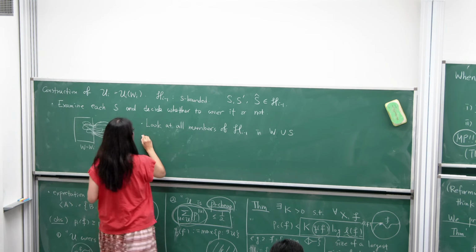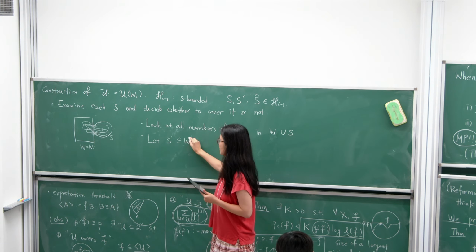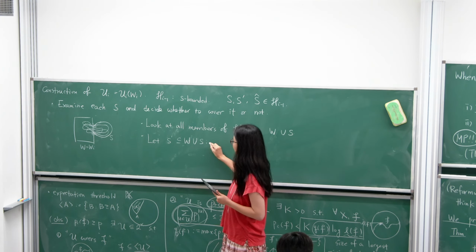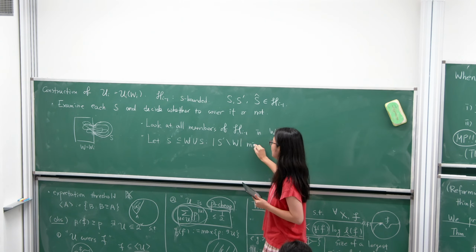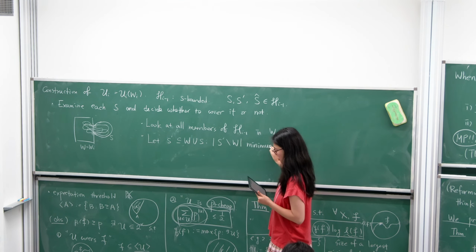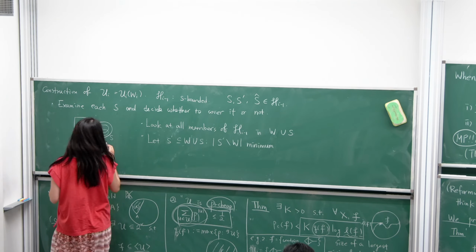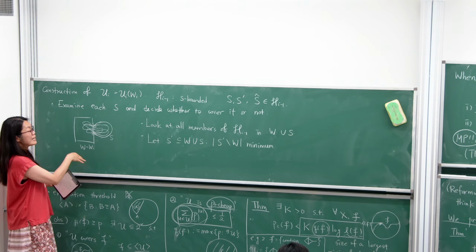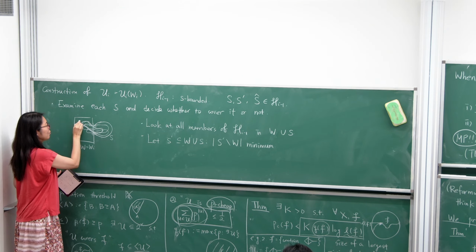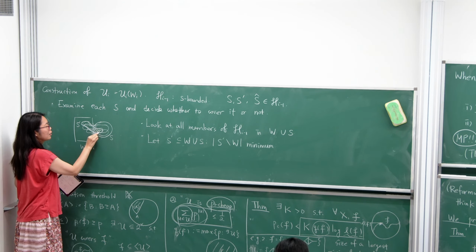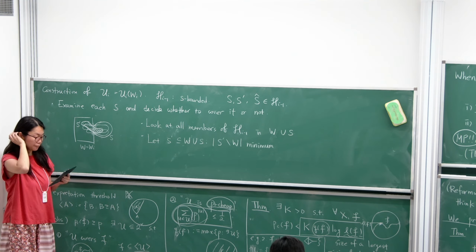And then we give a special name: let S prime be the element inside W union S that achieves the minimum of S prime minus W. So maybe we see a bunch of S primes, a bunch of elements of H_{i-1} inside this union, and we choose this S prime for which this part is the minimum among all of the hyperedges inside this union.